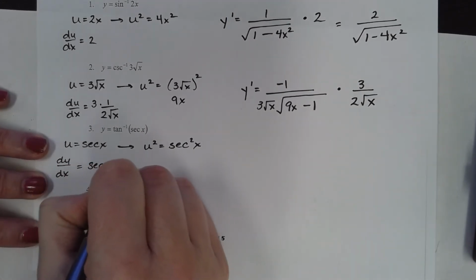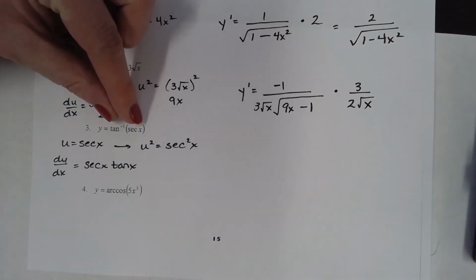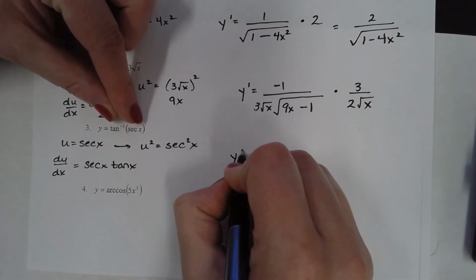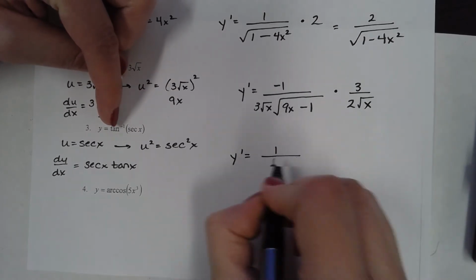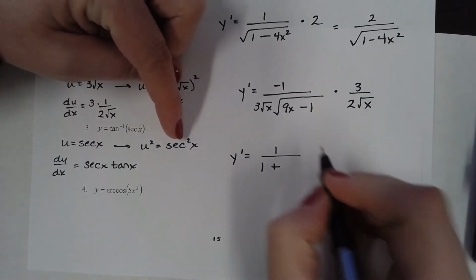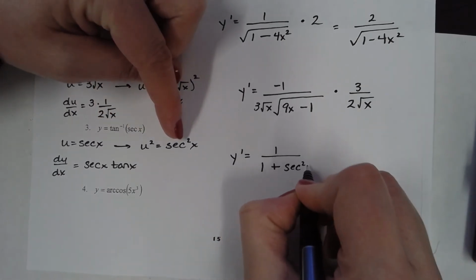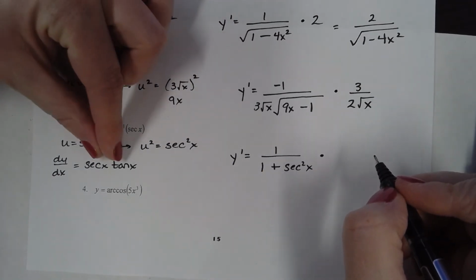Secant x tan x. So now I'm just going to follow my formula and get my answer. y prime equals, for tangent, it's 1 over 1 plus u squared. Well, that's this. Times du dx. That's all of this.